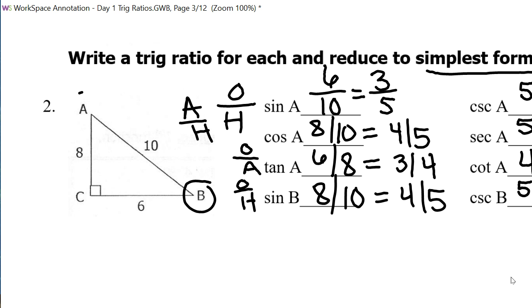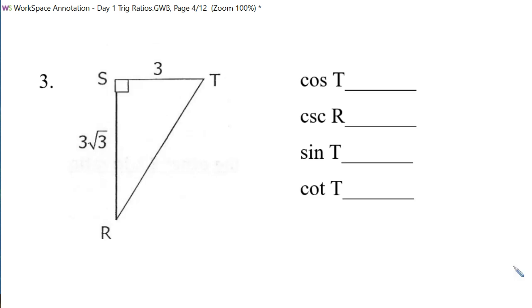Next one. Now we have another triangle, but notice we do have a side that's missing. If you have a side that's missing, you'll have to do Pythagorean theorem to find it. So a squared plus b squared equals c squared, and we're solving for c, which is always the hypotenuse.